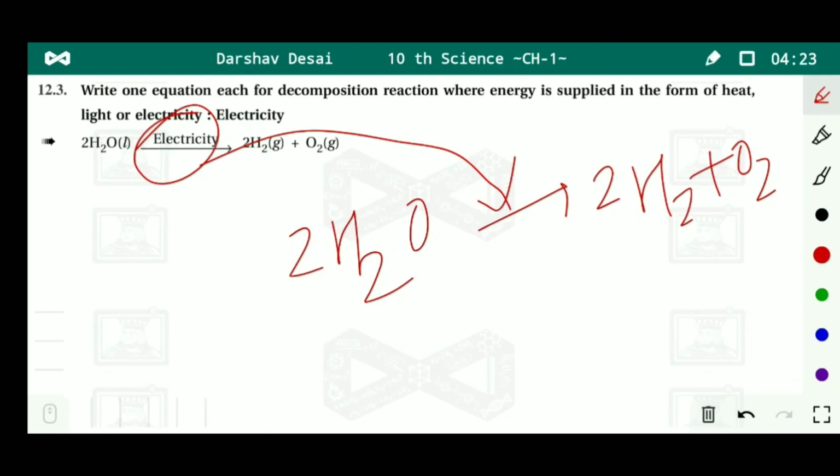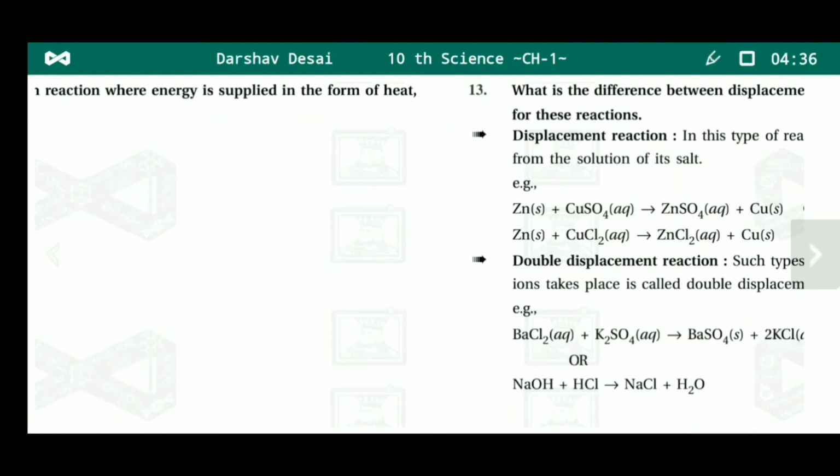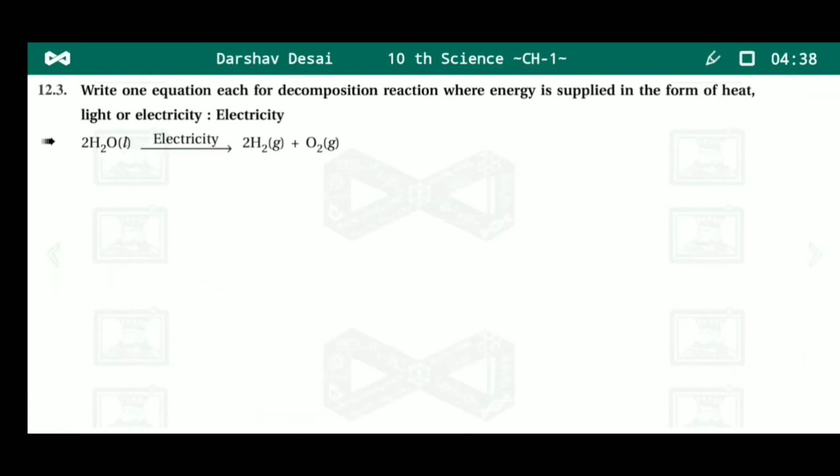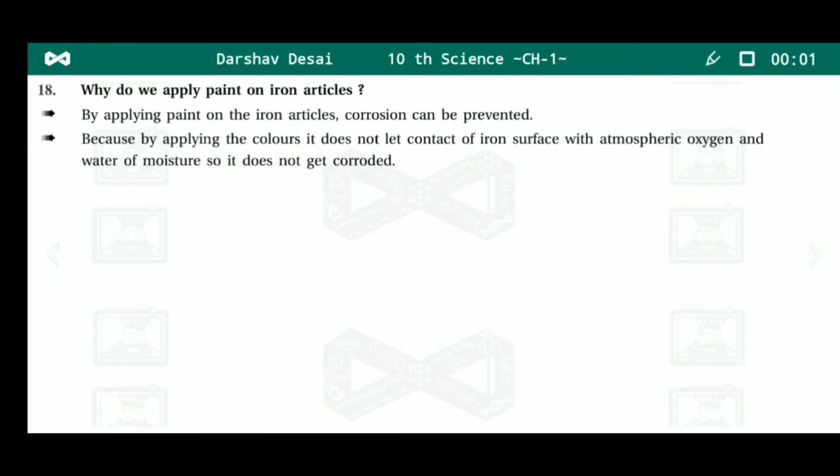So this is the complete reaction and explanation about the decomposition reaction and exercise question. In this lecture we discussed the decomposition reaction, the difference between decomposition and combination reactions, and some exercise questions. These are the last two questions remaining in the chapter number 1 exercise.